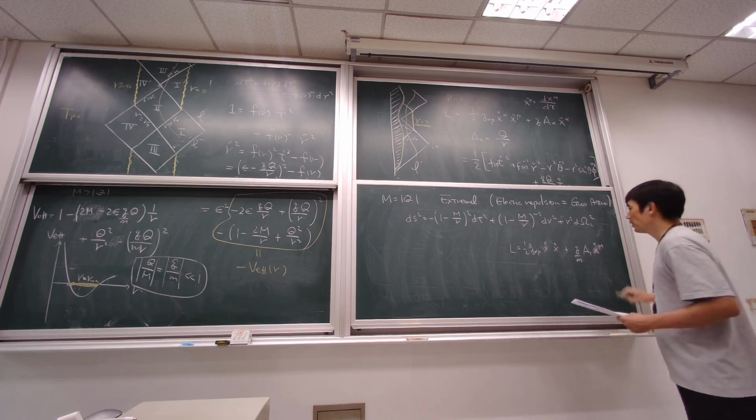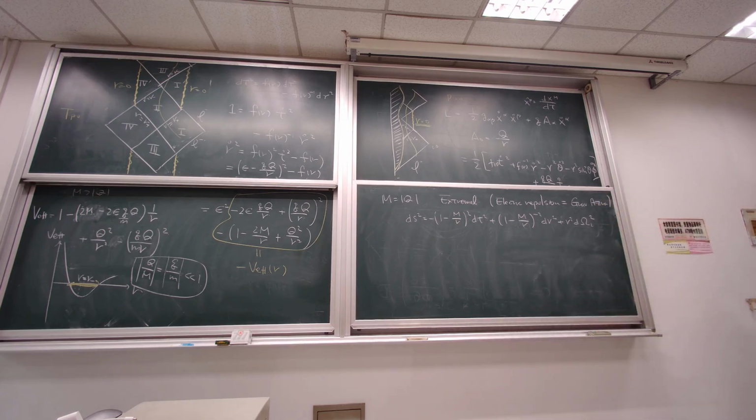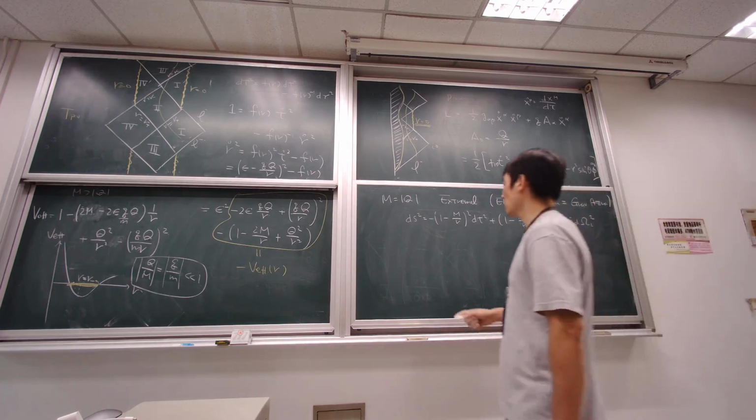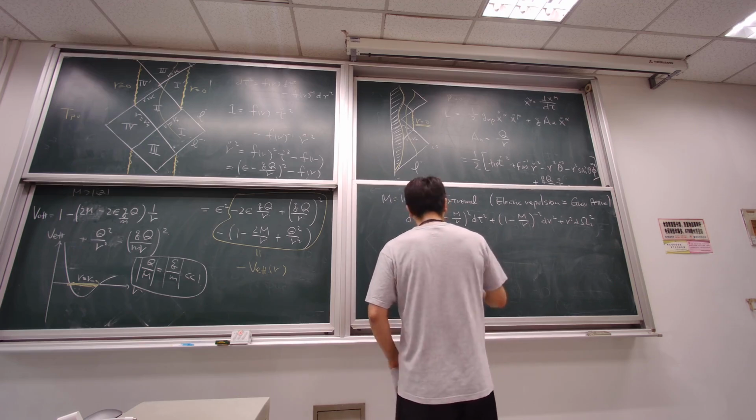And then the metric becomes like this. The two roots of f coincide, so therefore R plus is equal to R minus, which is equal to M.